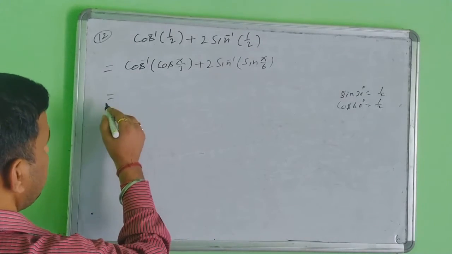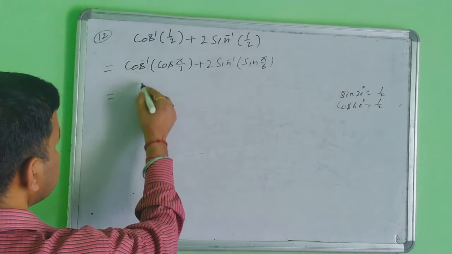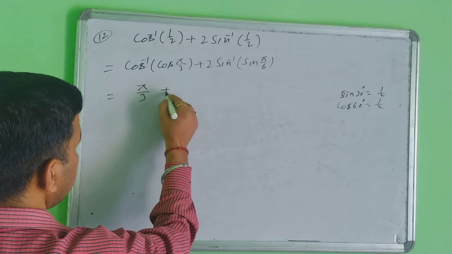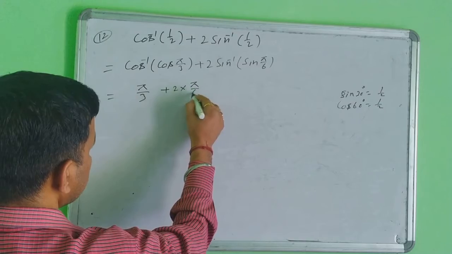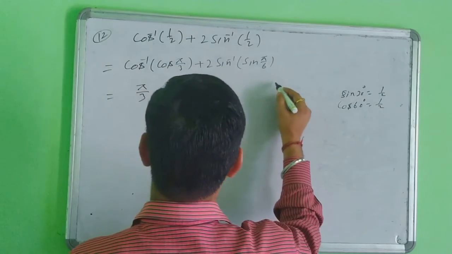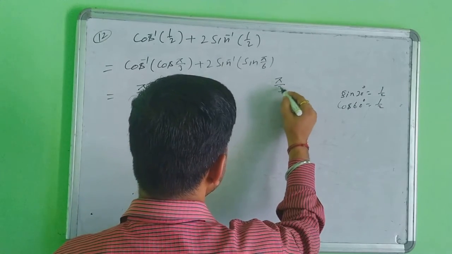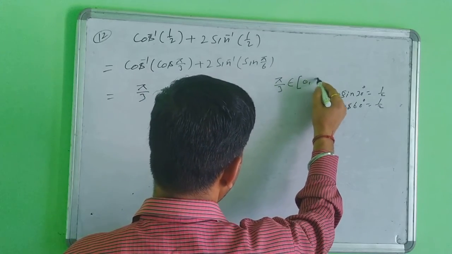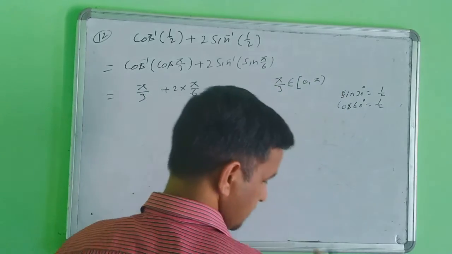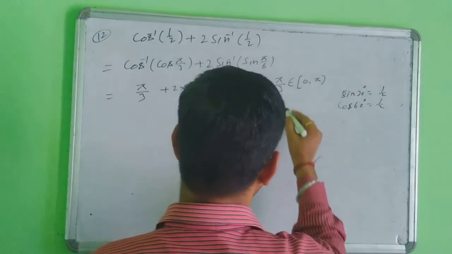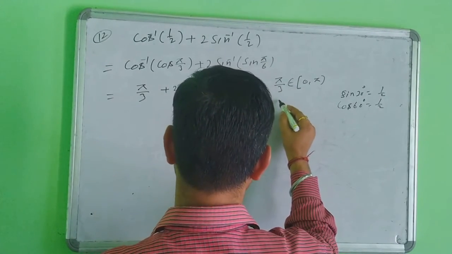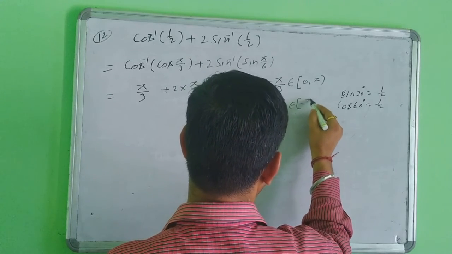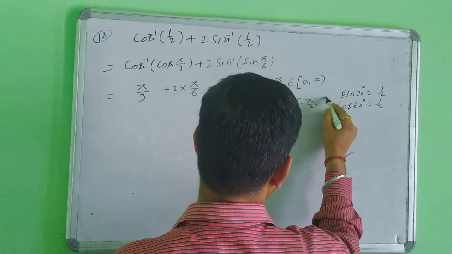So now, what is left here? Pi by 3 plus 2 into pi by 6. This is a shortcut trick. But you will write here that pi by 3 belongs to 0 to pi, and pi by 6 belongs to minus pi by 2 to plus pi by 2.